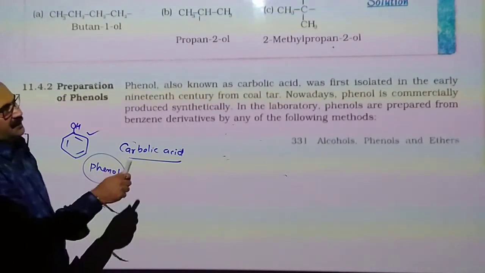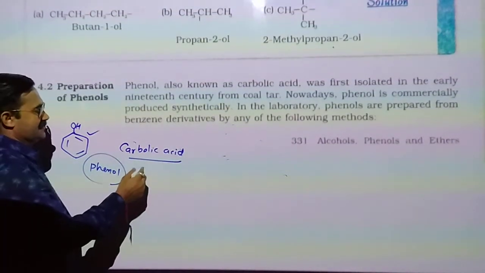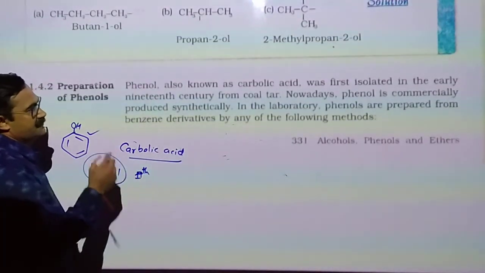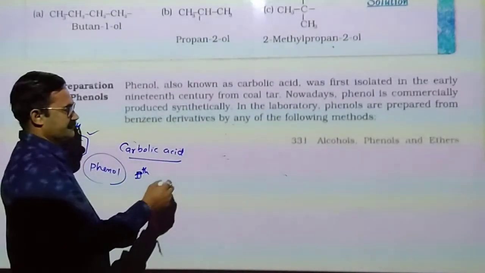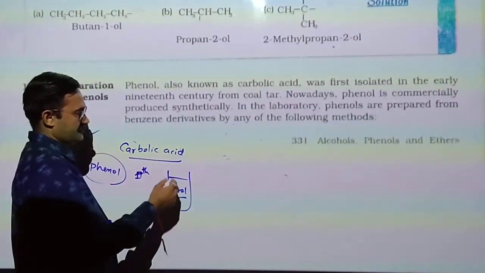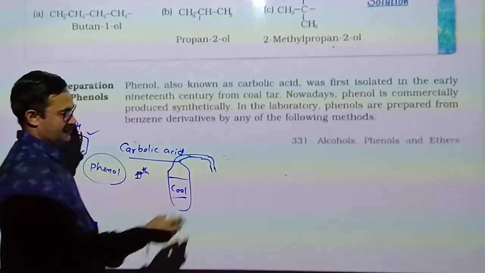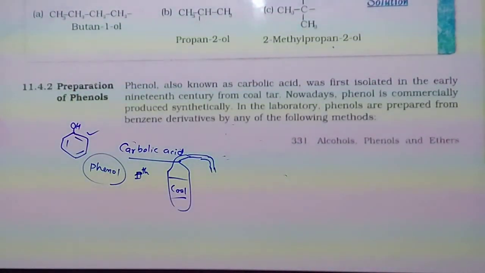Phenol was first isolated in the early 19th century. In the 19th century, coal was subjected to destructive distillation. When we do destructive distillation, it gives coal tar.